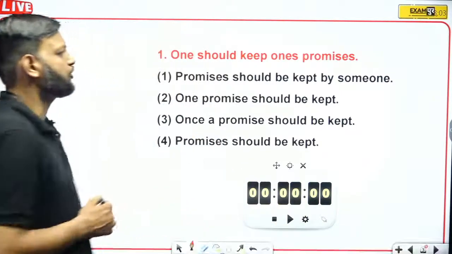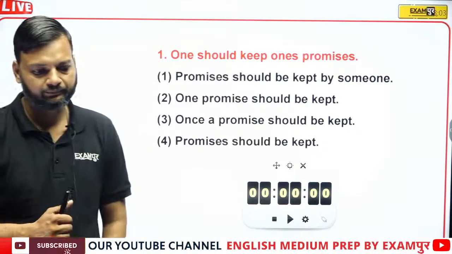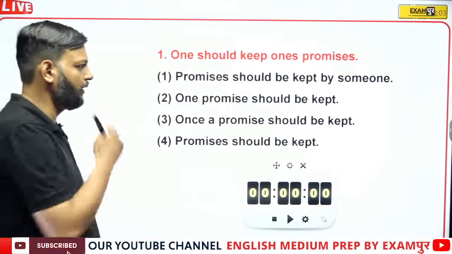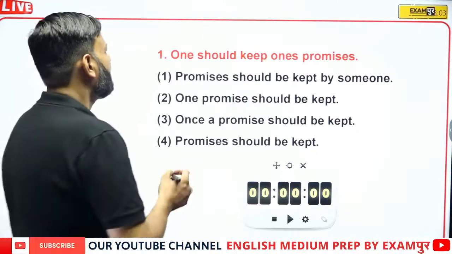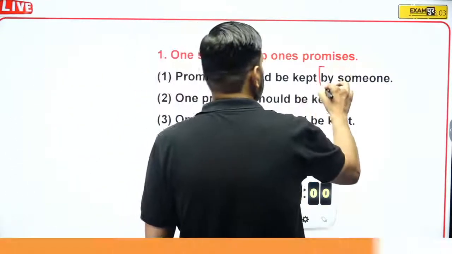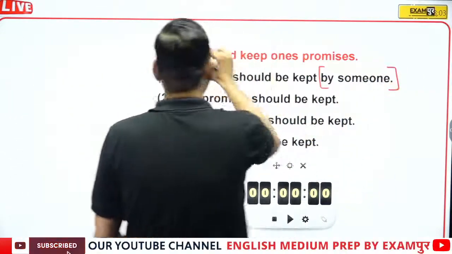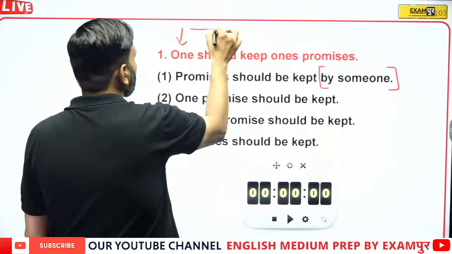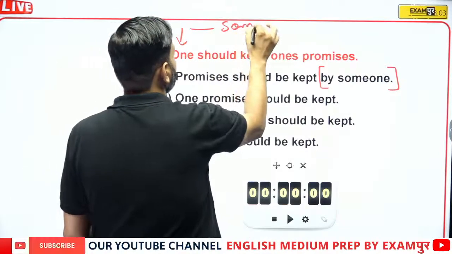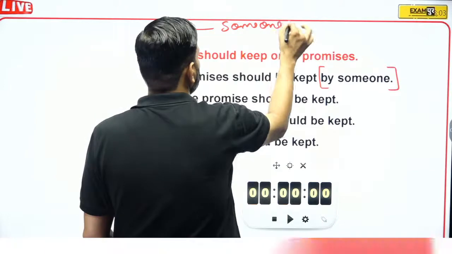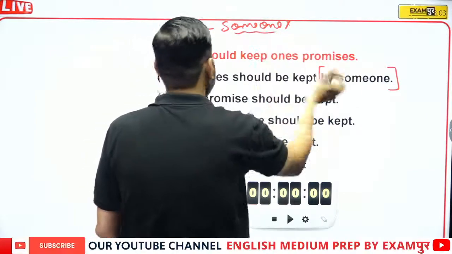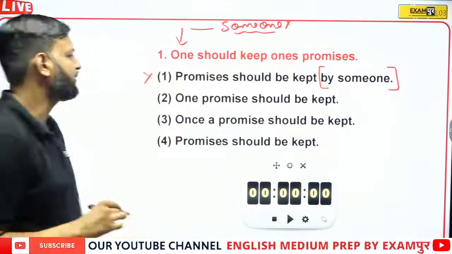Okay, so one should keep one's promise. In this sentence, see, here we have by someone. Since the subject is one, how can it be changed into someone? It cannot be changed into someone. That's why eliminate the first option.